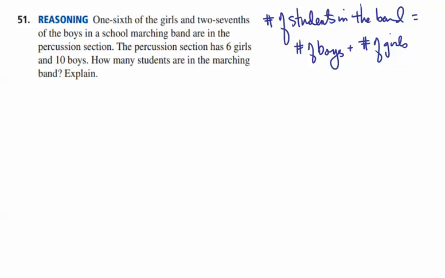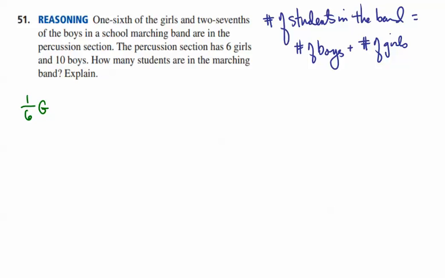First of all, we're told that 1/6 of the girls and 2/7 of the boys are in the percussion section. So 1/6 of the girls. Again, "of" in a math problem usually indicates multiplication.